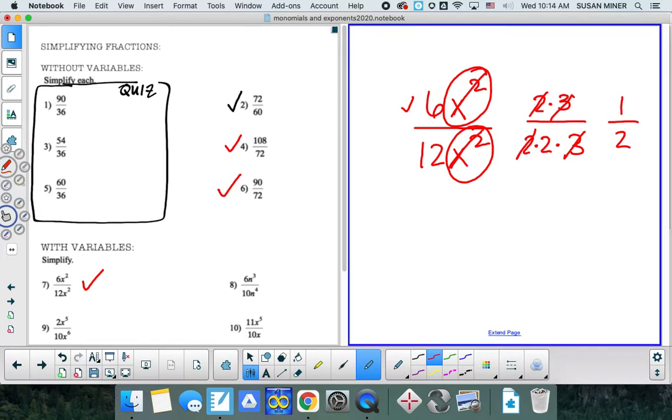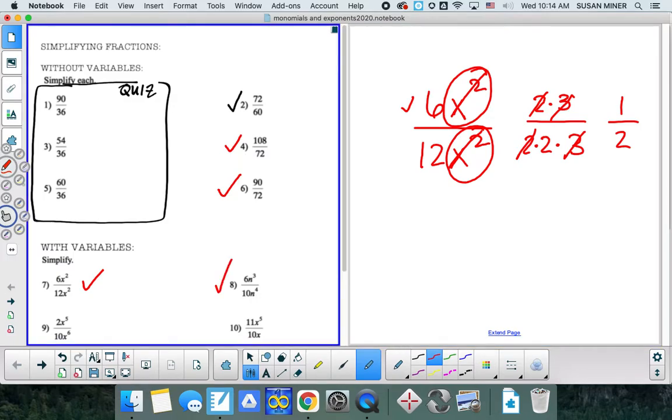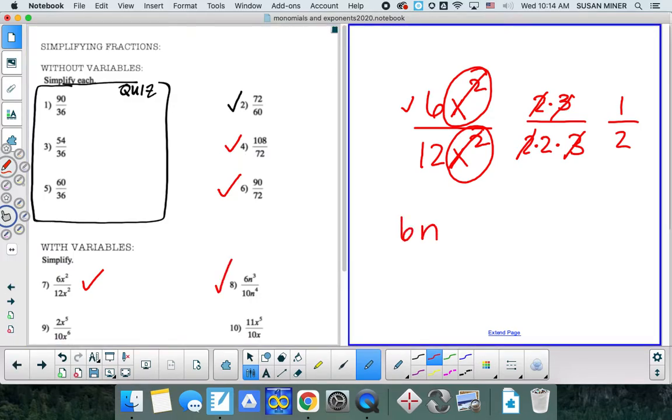But what if, like in number 8, these numbers are not the same on top and bottom? This is n to the third, this is n to the fourth, then I have to factor it out. But remember, any exponent is just telling me how many times I'm multiplying that thing together. So I just break it out. This is 3 n's.